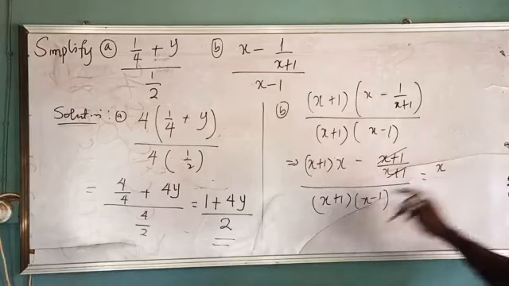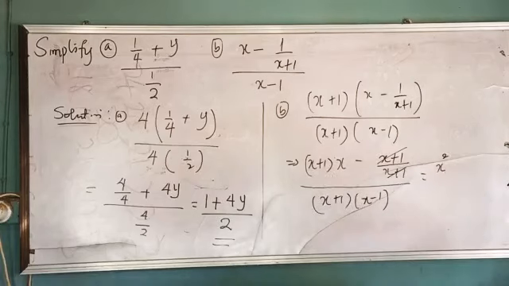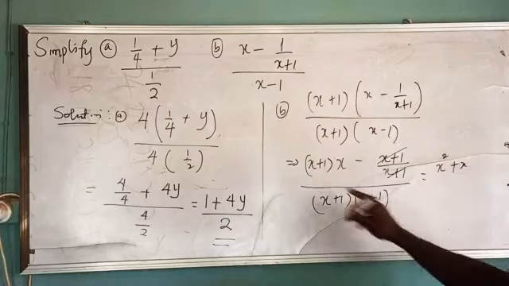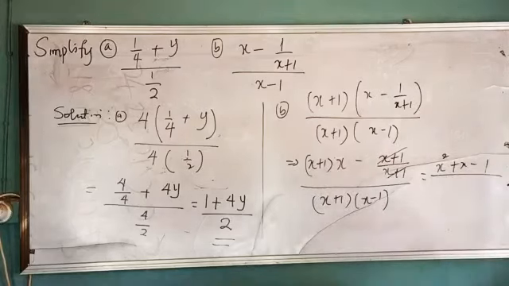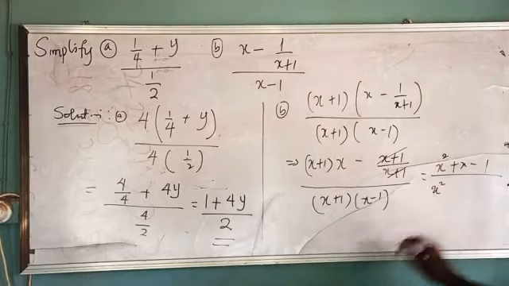We are left with x times x, we have x squared. Try to open this one: x times x, x times 1, we have x, then minus 1 over. Here, if you like, you can try to open this one further. By opening this further, x times x is x squared.